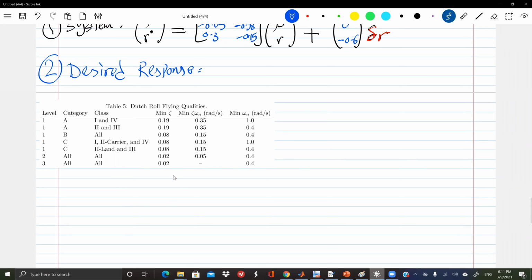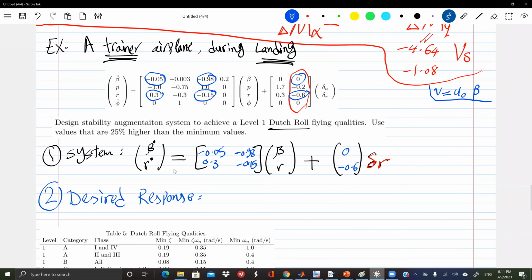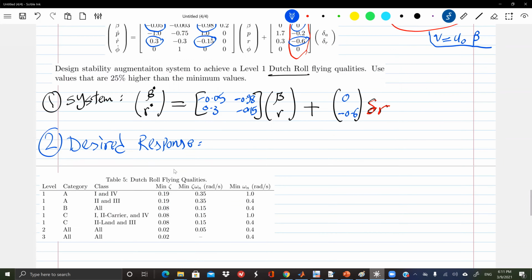So let's do that. First of all, we said the desired response here. It's a trainer airplane, so it's class 1. And landing, so it's category C. So I go to the table for level 1 flying qualities.